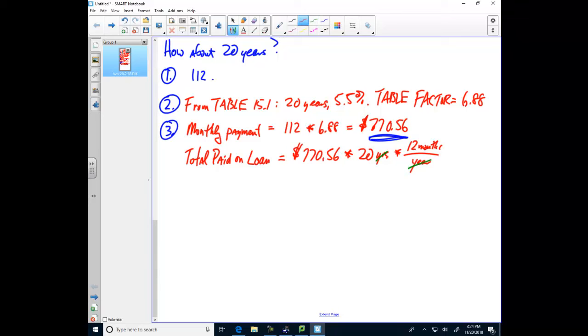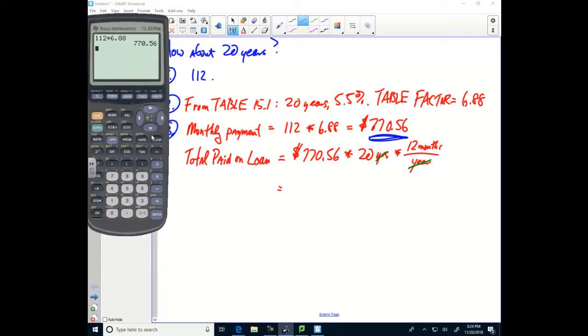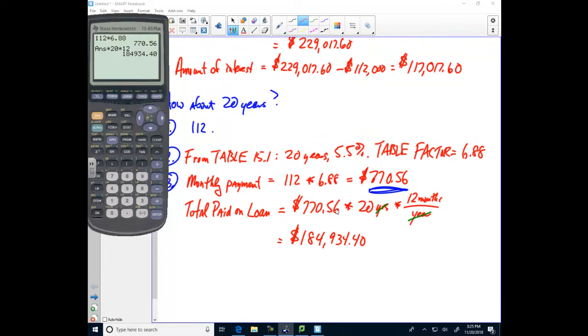Those two things cancel. So the total paid on the loan under these conditions is, $4,934.40 times 20 times 12. So 184,934.40.